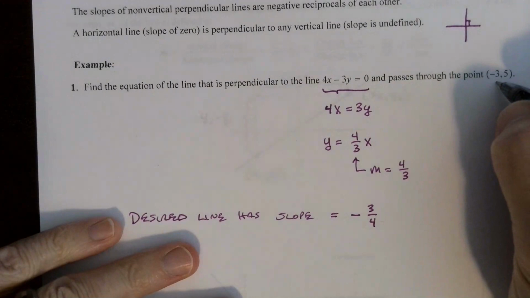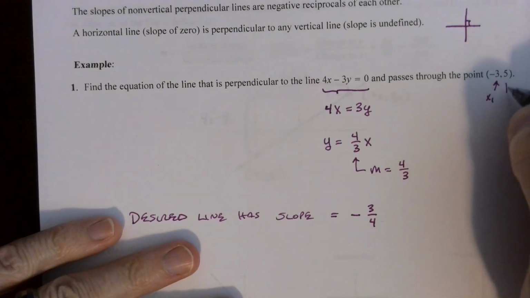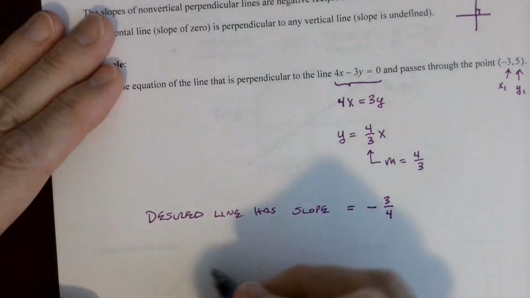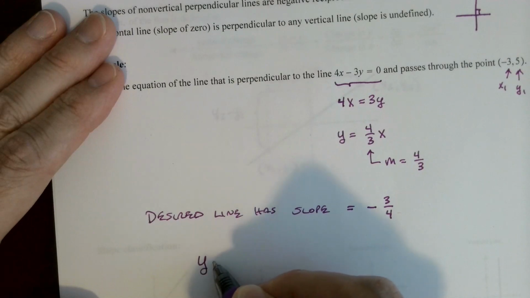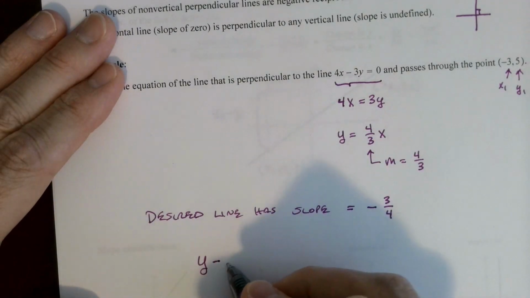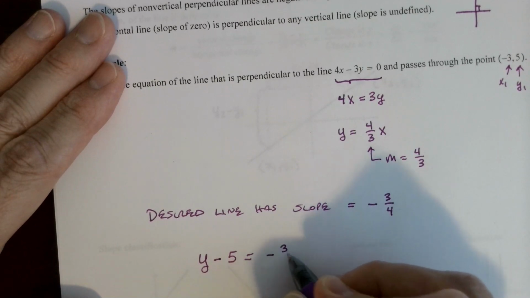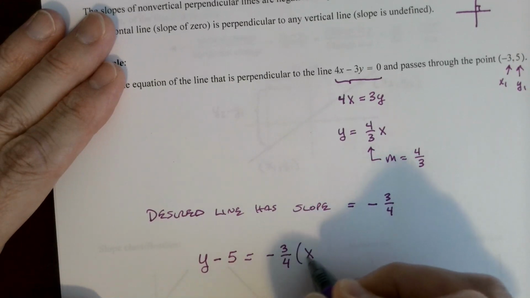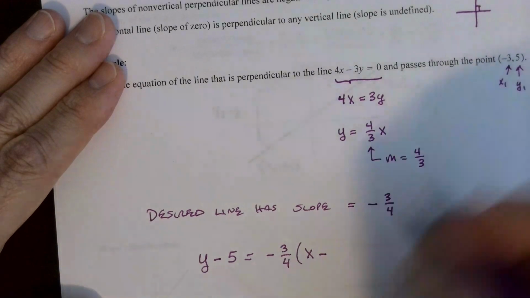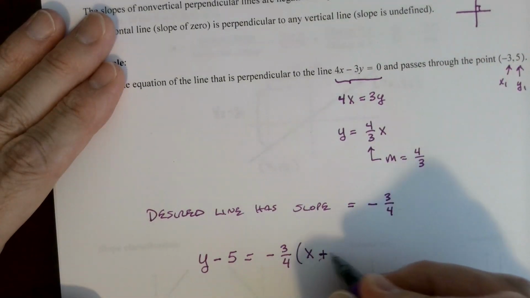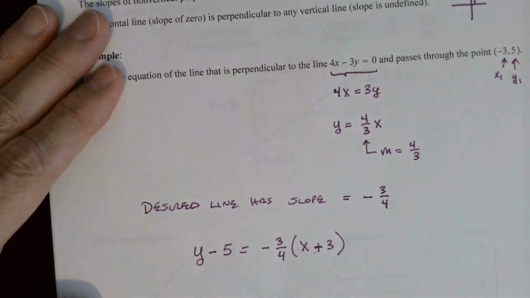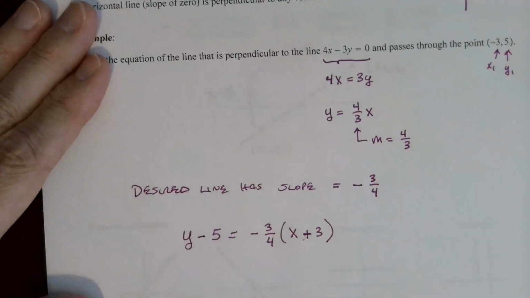We pass through this point. Let's let that be x1 and let that be y1. And so our equation from our point-slope form, y minus y1 equals m, which is now negative 3/4, x minus a negative 3, which becomes x plus 3.